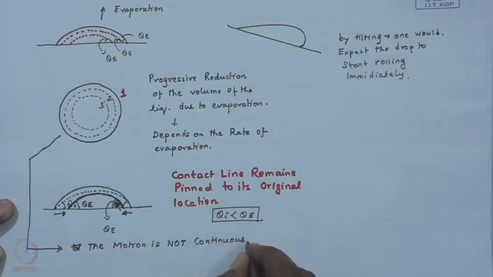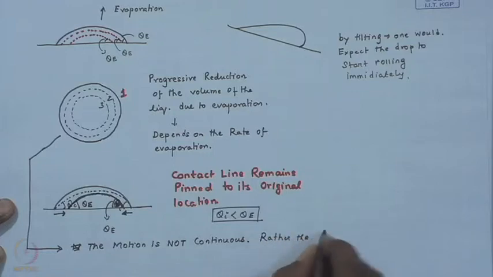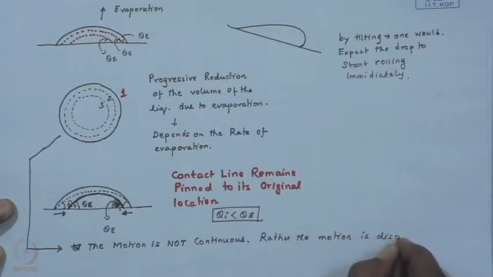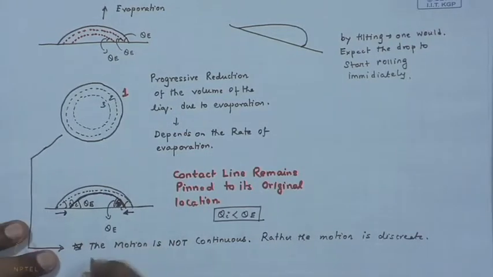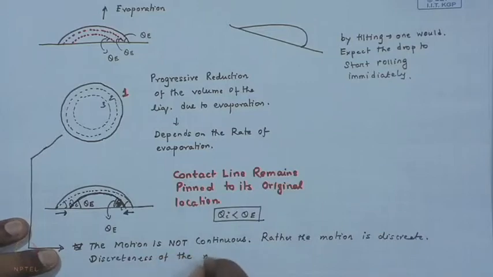The motion is not continuous, rather the motion is discrete, and this discreteness of the motion is again attributed to the pinning effect.